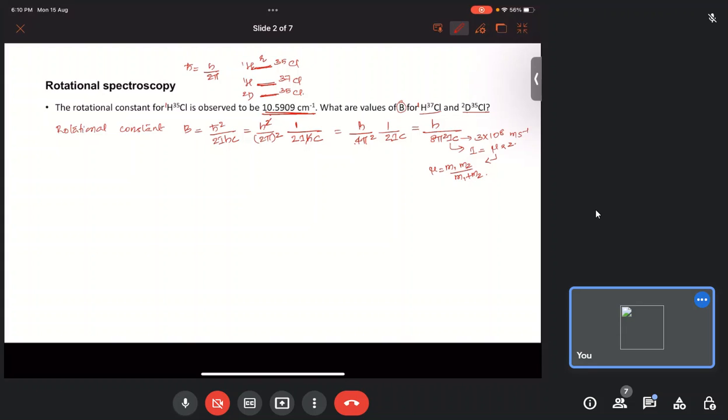So let's find out what r is from the rotational constant that has been given for proton 35 Cl. For that, first we have to find what mu is.